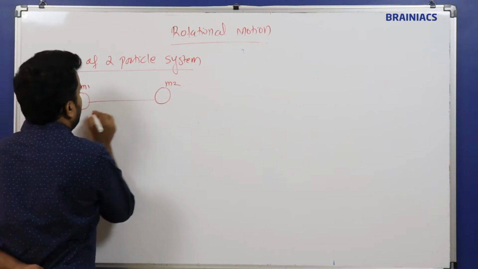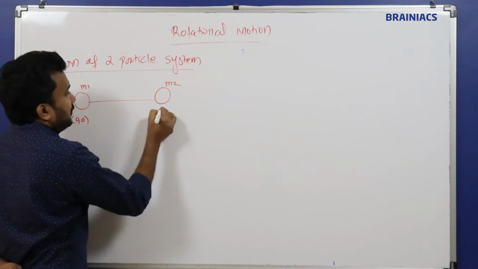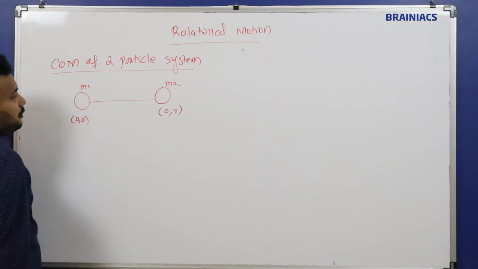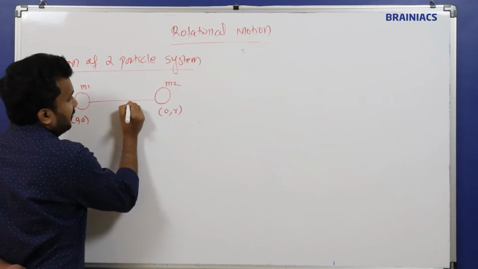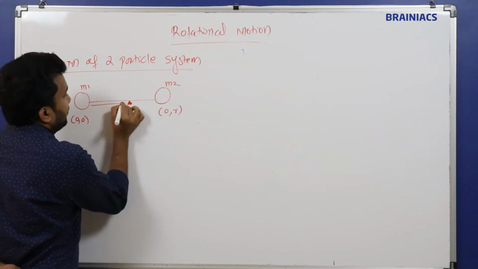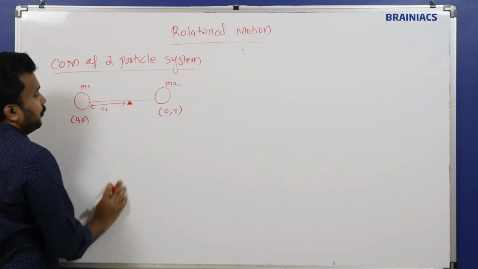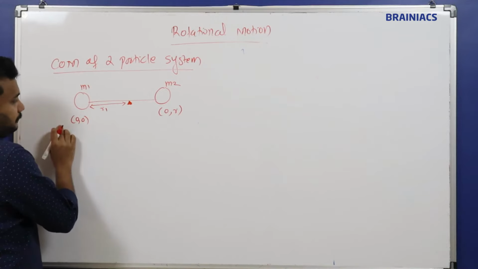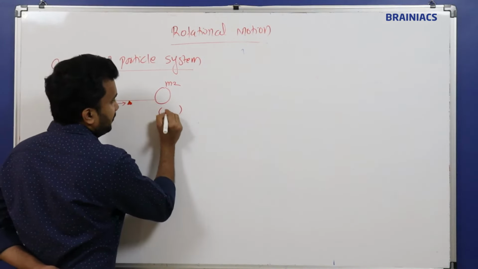The coordinates are 0, 0 and 0, r, which means the second body is at a distance of r. I don't know where the center of mass is. I am assuming the center of mass will be here, at a distance of r1 from the first body. Anyway, if you see the coordinates, this is r, 0, right?